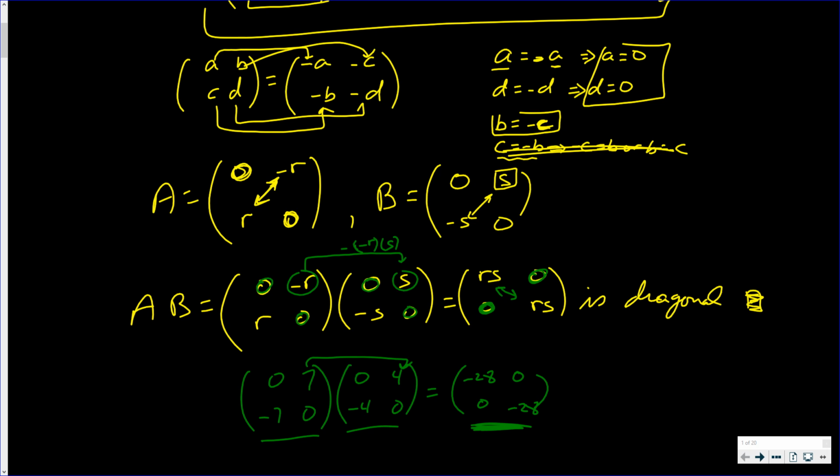So, an interesting question now that I look at this: if you take any two 2x2 matrices where you have zeros on the main diagonal and any old numbers on the non-main diagonal, and you multiply it by another such matrix, will you get a diagonal matrix? And the answer is yes, you will. The entries on the diagonal will not be the same.